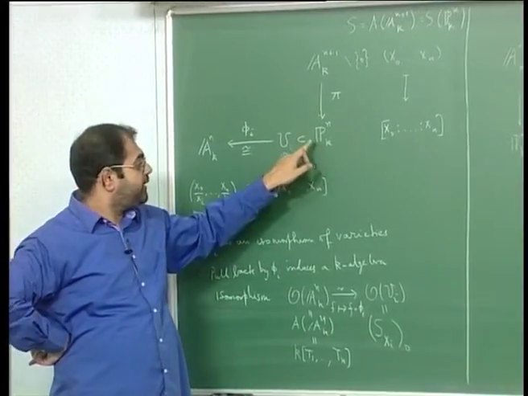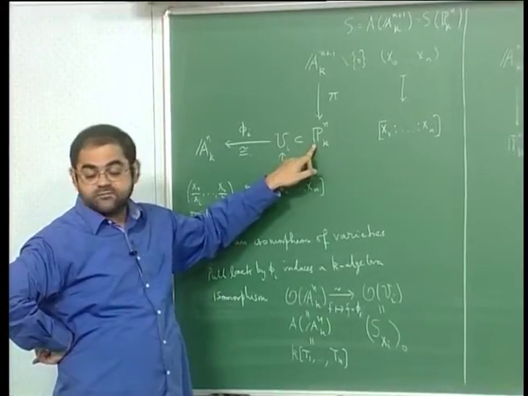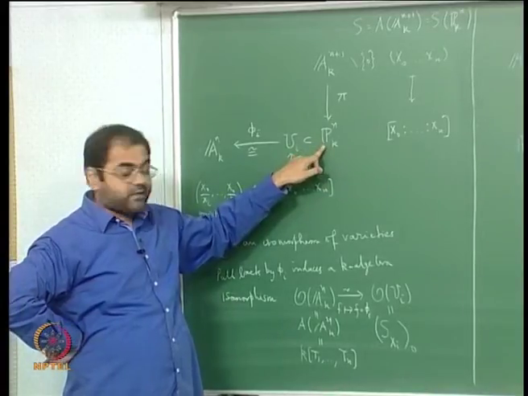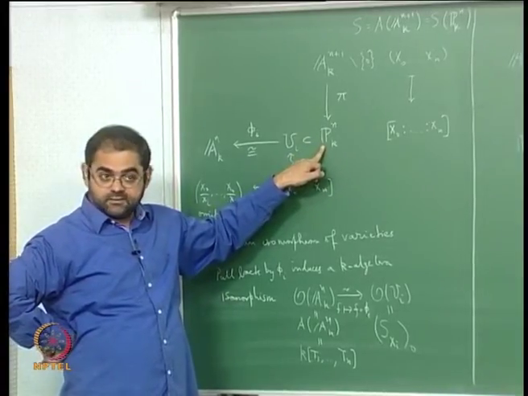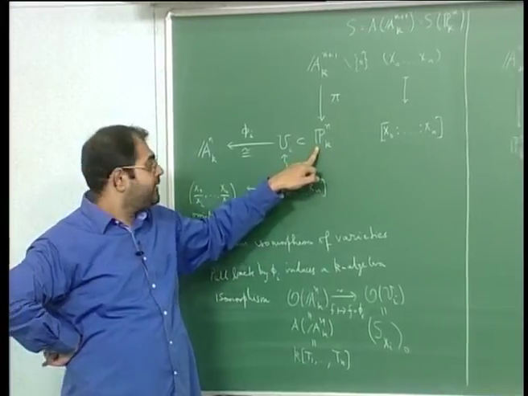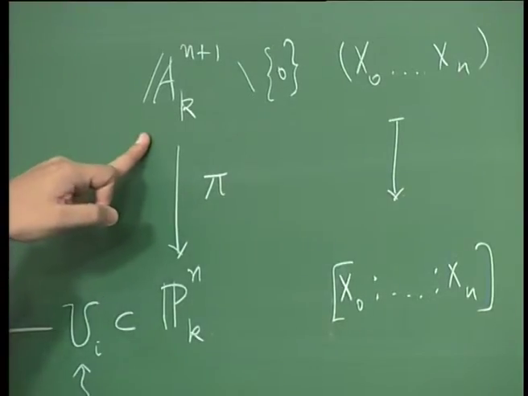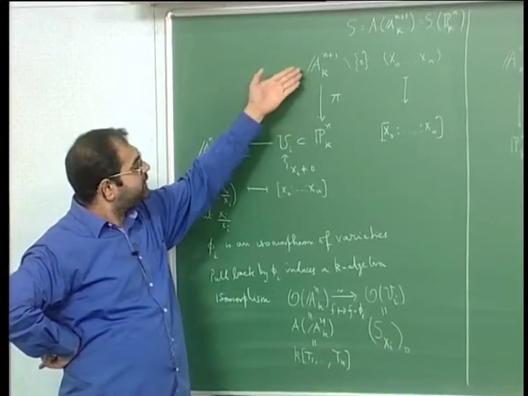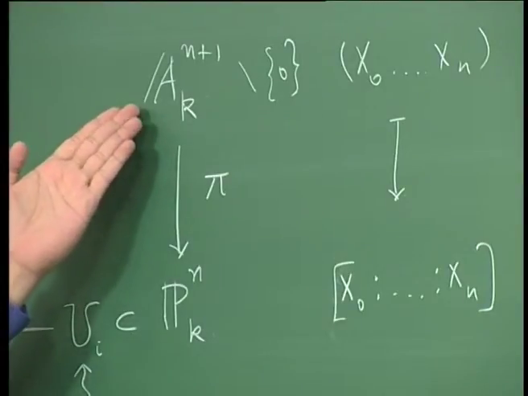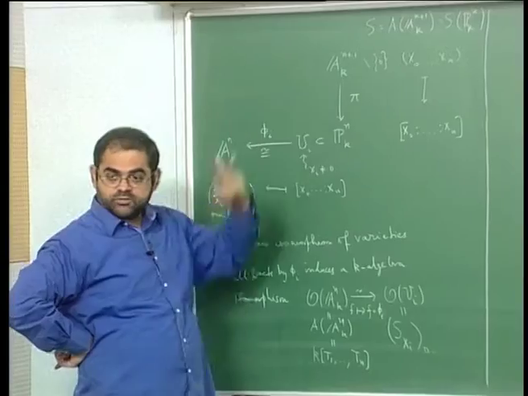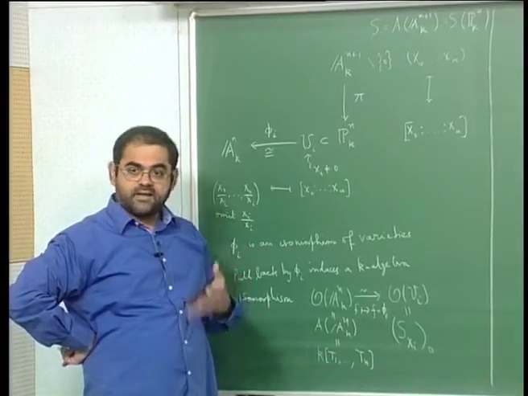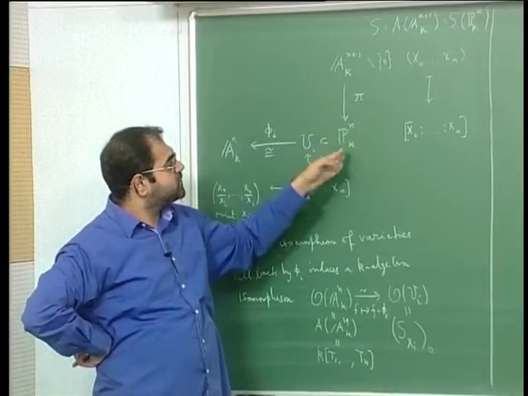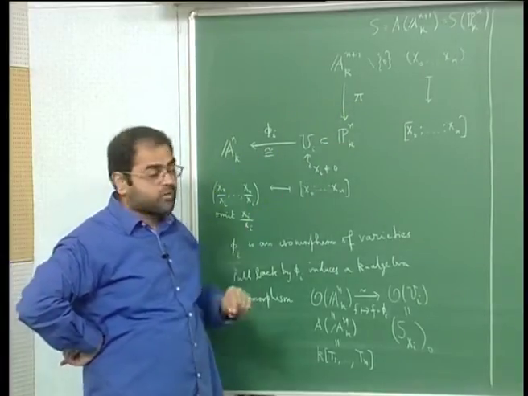So if you take a function of the form f by g, f and g homogeneous polynomials, defined on an open set contained in the locus where g doesn't vanish, then its inverse image will be simply the same function f by g, which is again a quotient of polynomials. A quotient of homogeneous polynomials is also a quotient of polynomials, and any quotient of polynomials defines a regular function locally on an affine space. So it's very clear that pi pulls back regular functions to regular functions. So pi is a morphism.